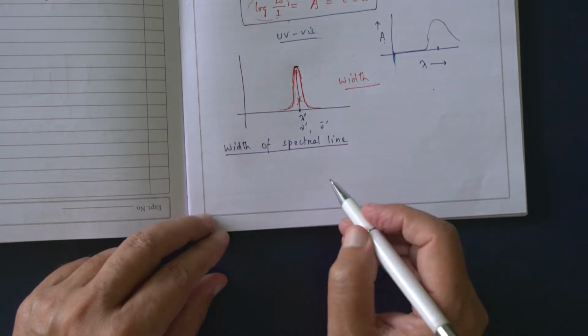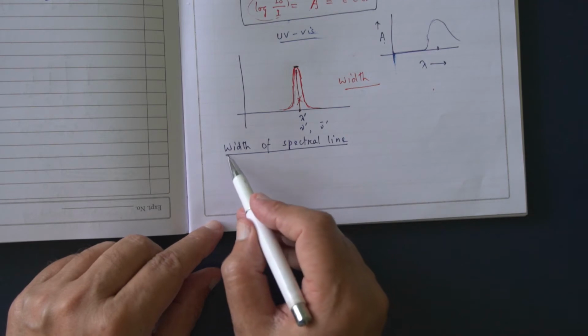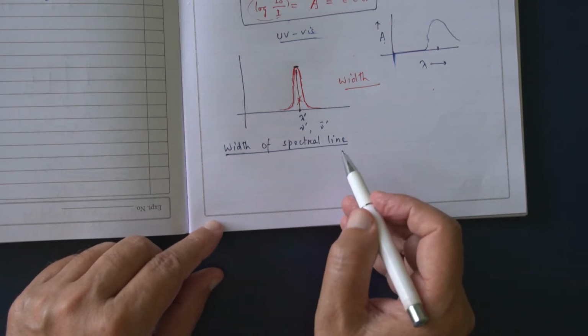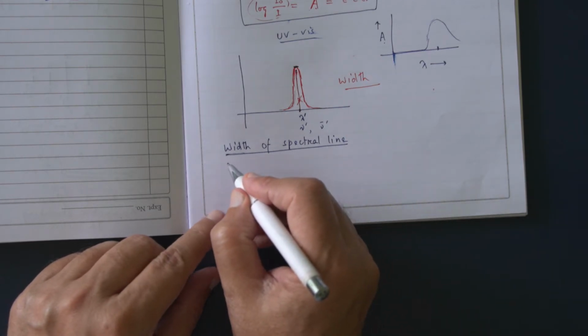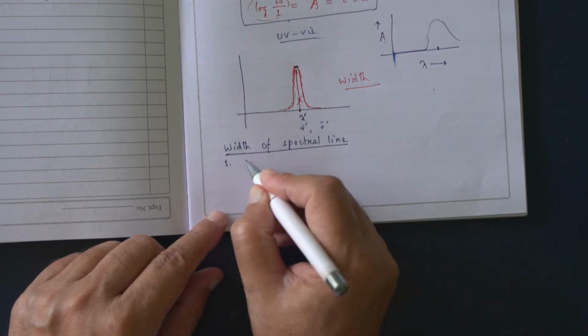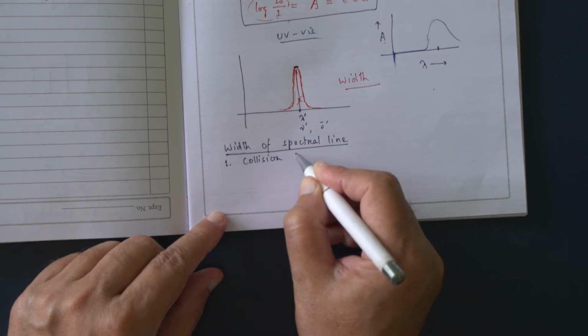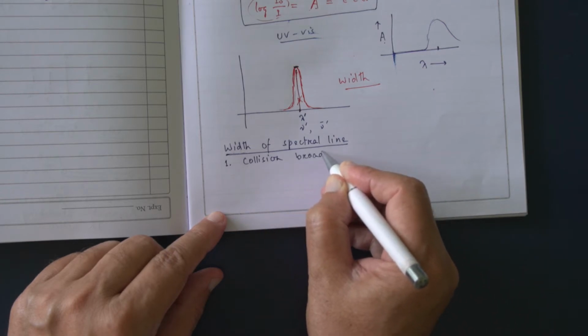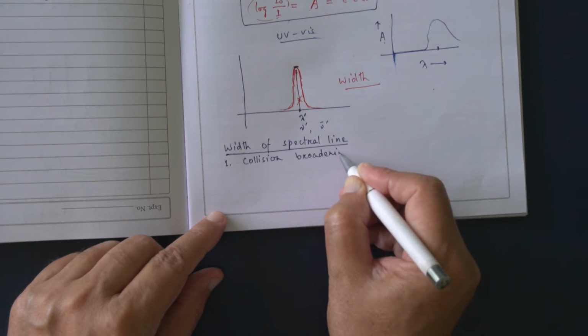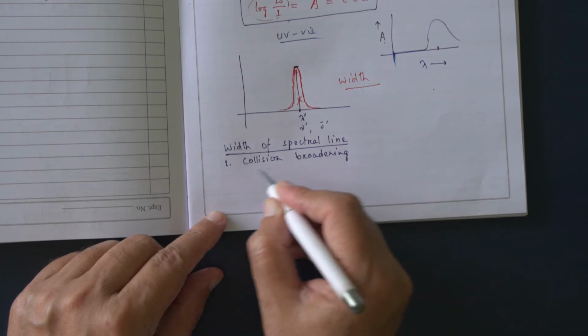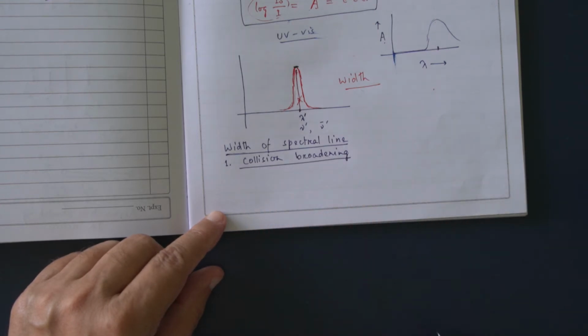So why does that happen? Width of spectral line appears mainly due to three reasons. One is called collision broadening.